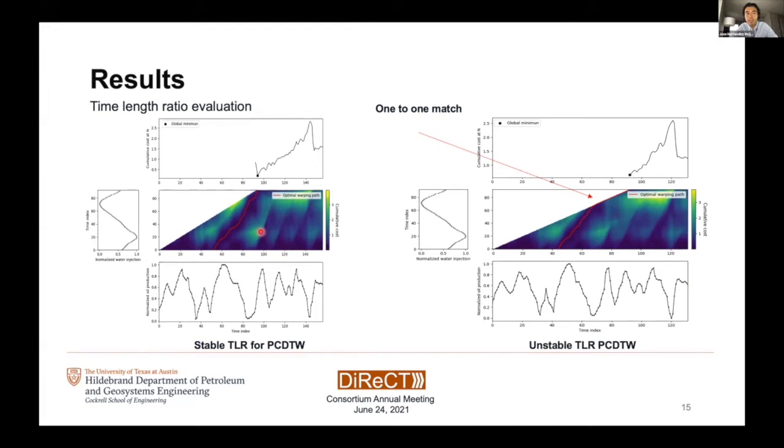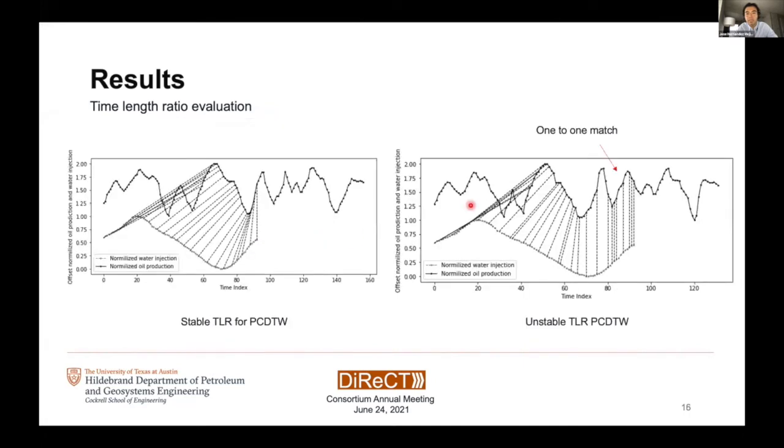And here we have a case right before the method becomes unstable, just to see the difference between the boundaries. So here is what I mentioned to you: when we have a time length ratio greater than this value, then we generate just one-to-one matches.